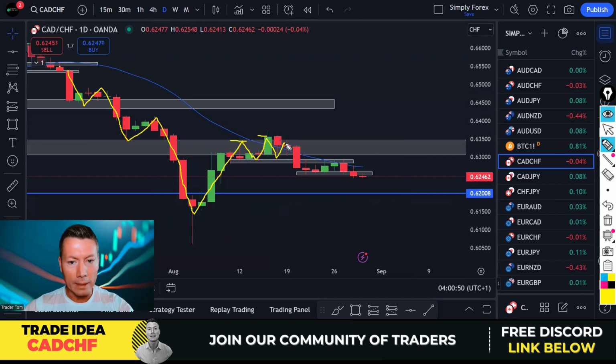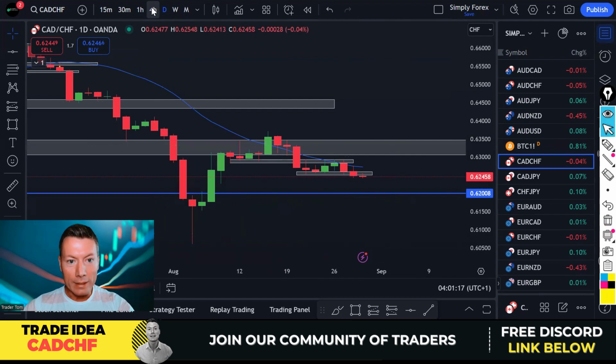Got a little bit unclear, and then bang. We've got this nice big bearish candle. Then we got this low that formed, and we've broke it again with this candle. So we're 100% in a downtrend, getting lower lows, lower highs. And the idea is just to follow this break of that support level back down to this 6200 psychological level.